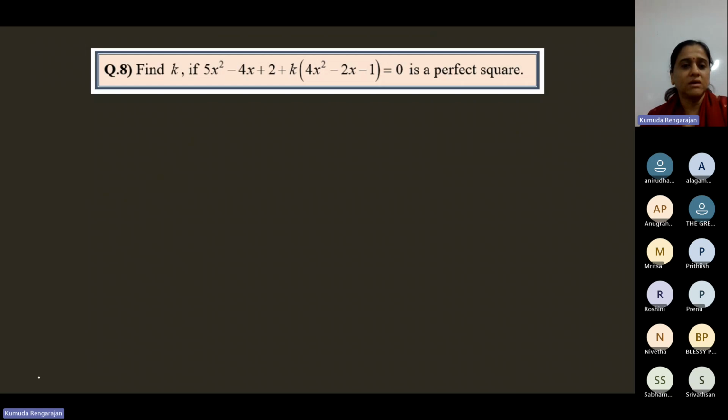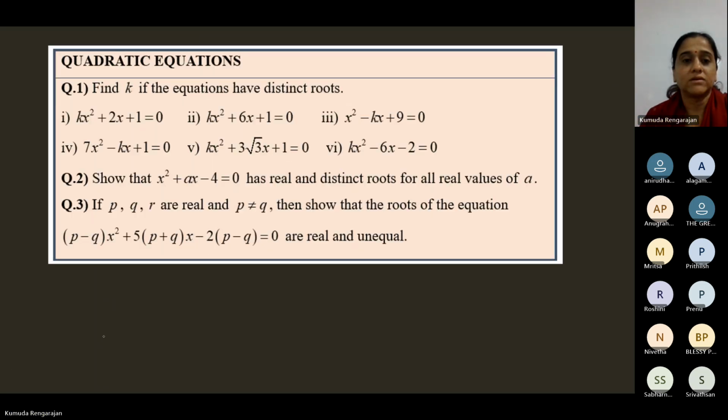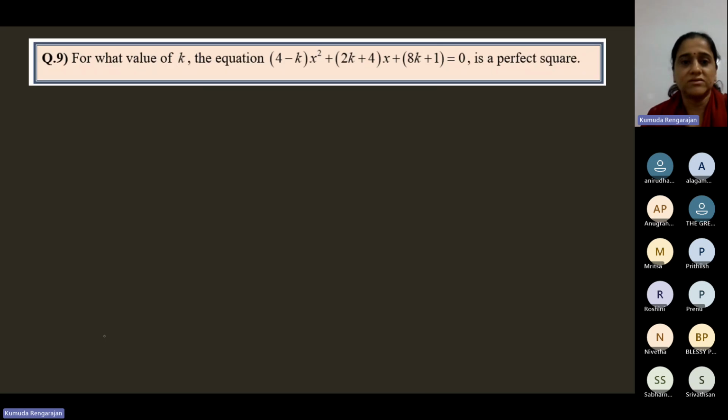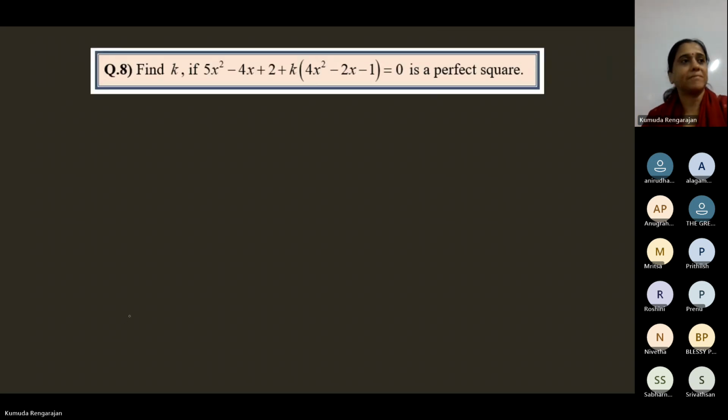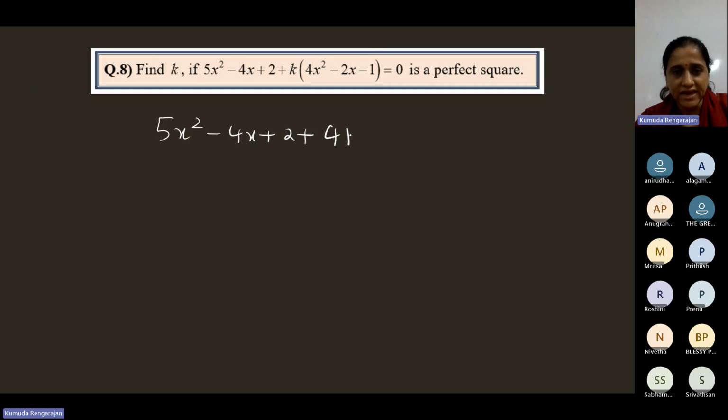I think we did this in the last class. We have done this sum. Last class, we took up this question. So here you have to open the bracket: 5x squared minus 4x plus 2 plus 4kx squared minus 2kx minus k is equal to 0.